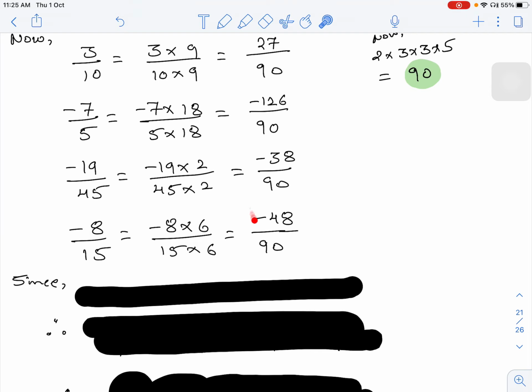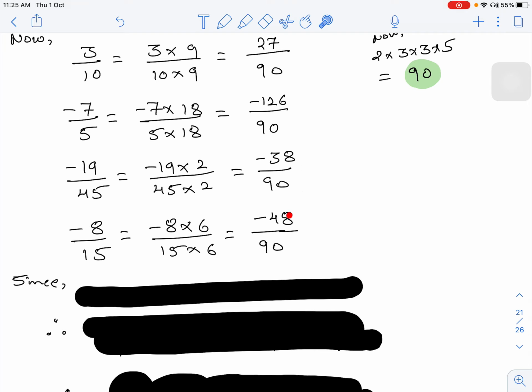Now we want to represent these numbers in ascending order. Since each of them has the same denominator, we can compare the numerators. Out of these numerators, which is the smallest number? As I told in the previous period, this one is positive and these three numbers are negative, so this one is the greatest.